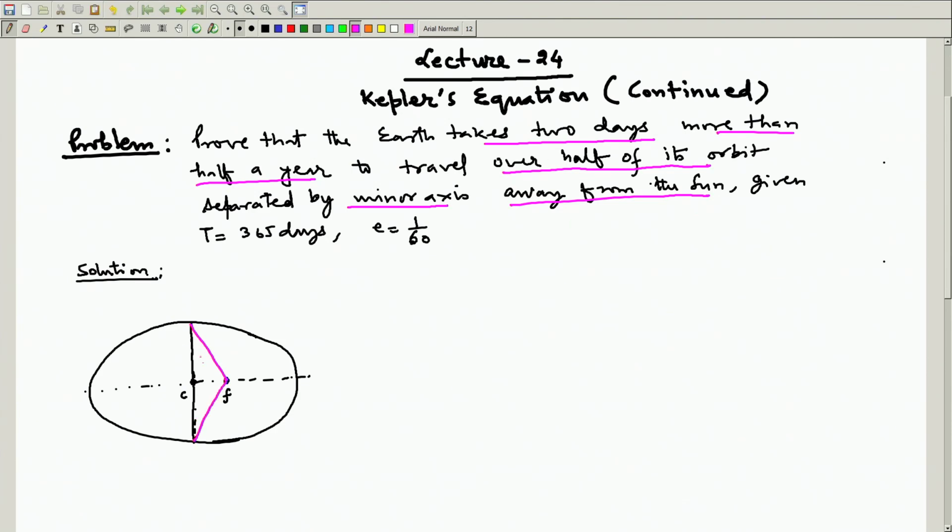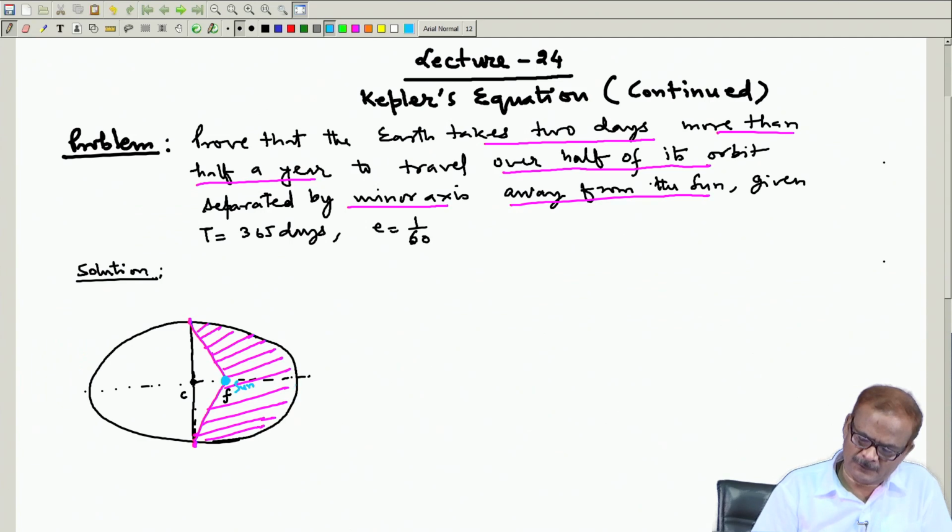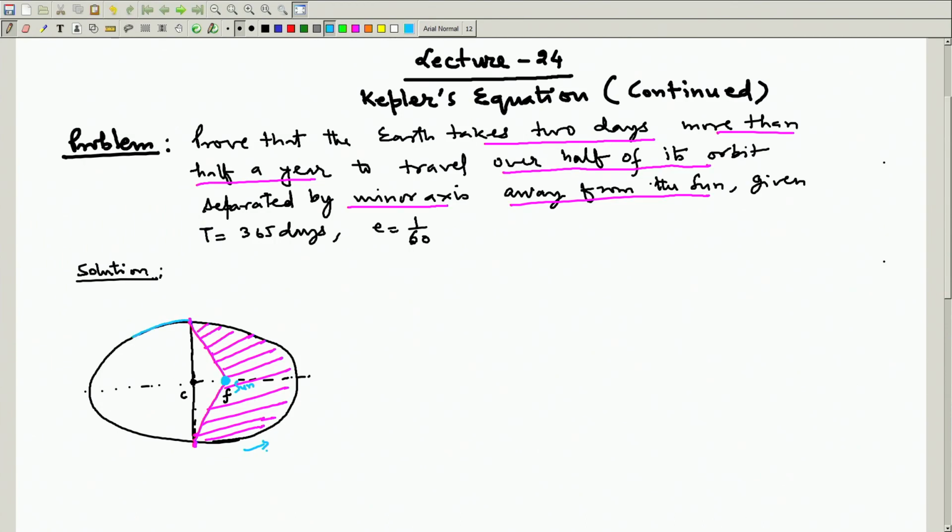In effect, this is half of the orbit, separated by the minor axis, away from the sun, and the sun is located here at this point. And earth is going around in the orbit. So, away from the sun means we are talking about this area.